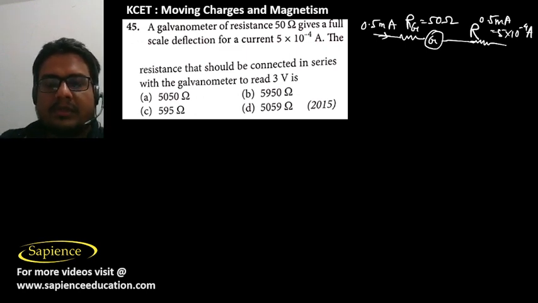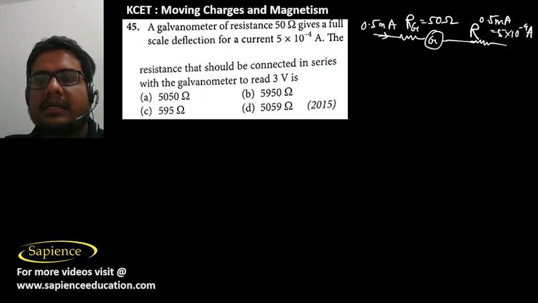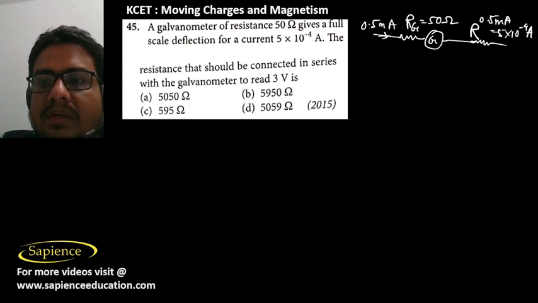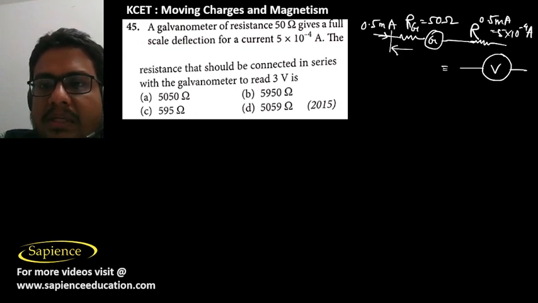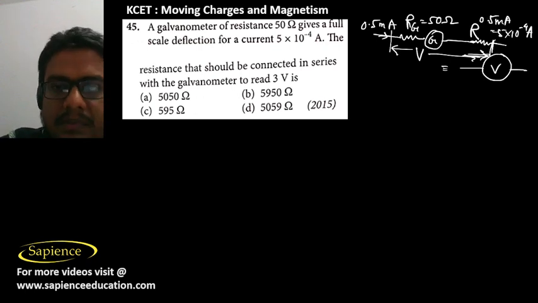So when a large resistance is connected in series with the galvanometer, it is converted to a voltmeter. So the net potential difference V across the galvanometer and the resistance that is connected is the net voltage that should be read.